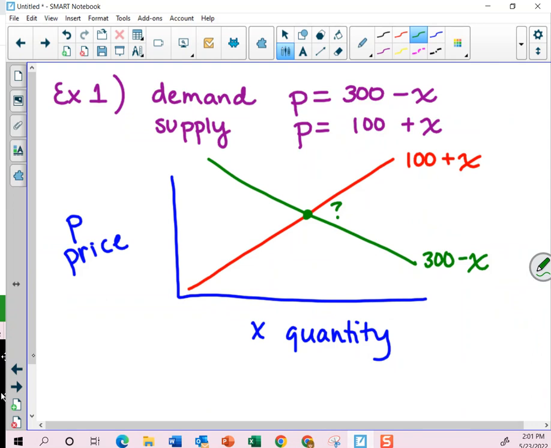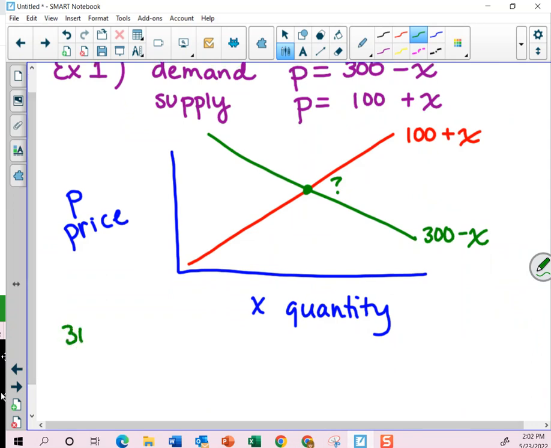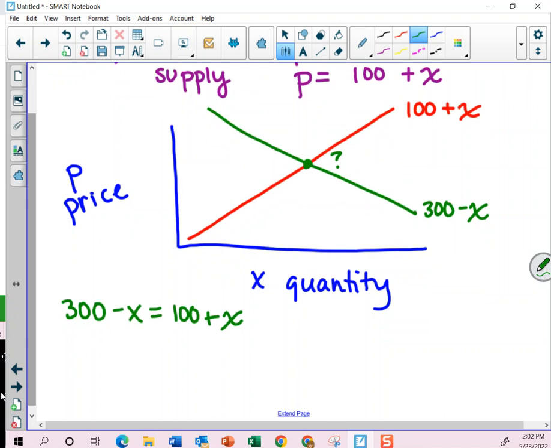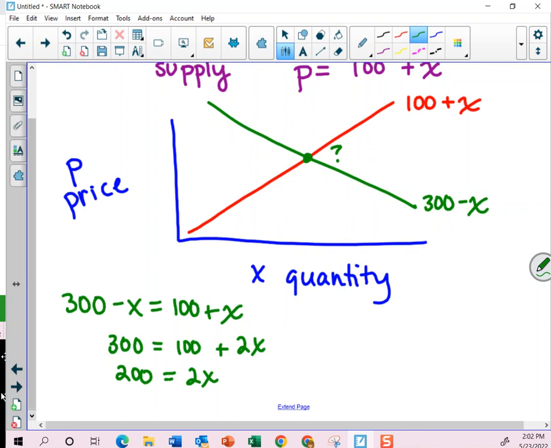Alternately, if we needed some algebra here, we could say 300 minus X equals 100 plus X and solve for X. So 300 equals 100 plus 2X. 200 equals 2X. So 100 equals X. We need the X and the Y value from the equilibrium point.